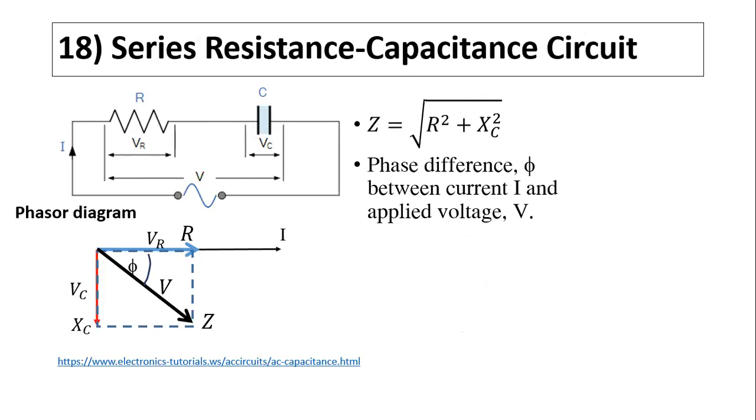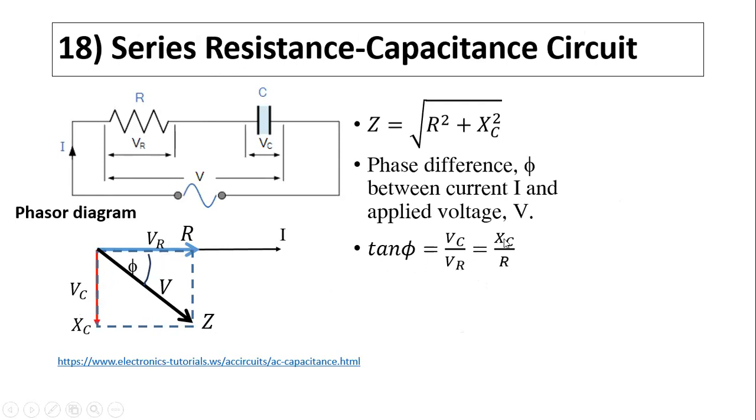Okay, phase difference phi between I and V, there's a phase difference. Okay, we can use tangent. Tangent phi is your VC over VR. And then your VC is just your I times XC.